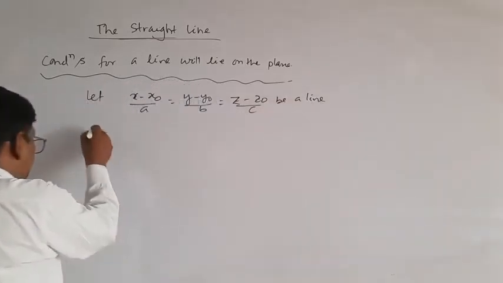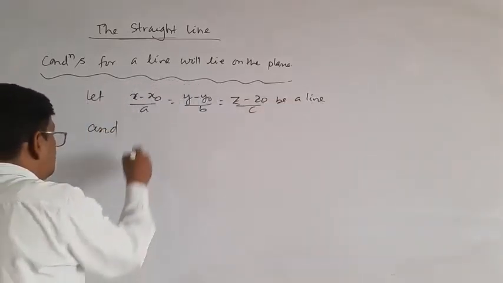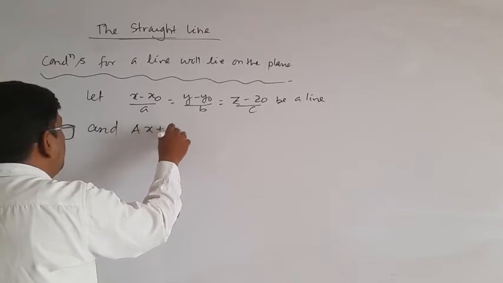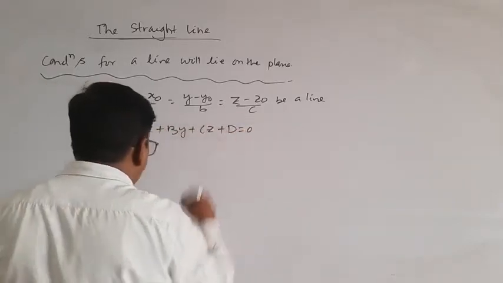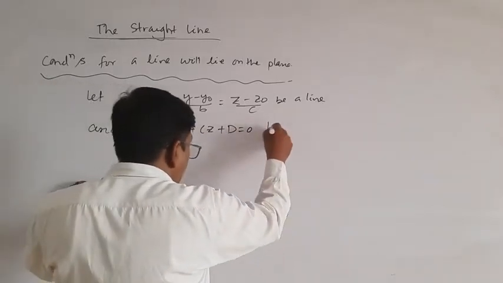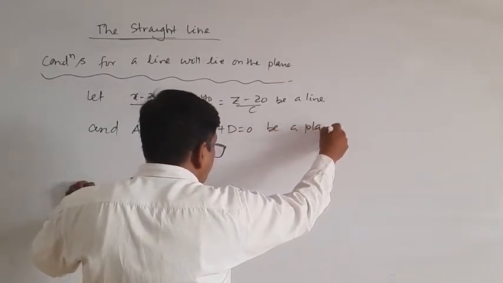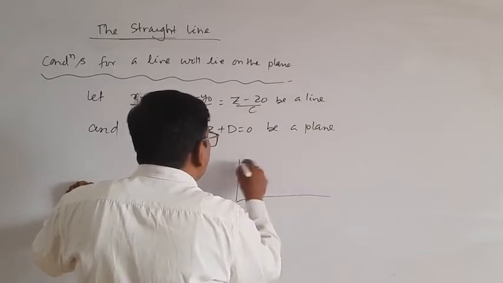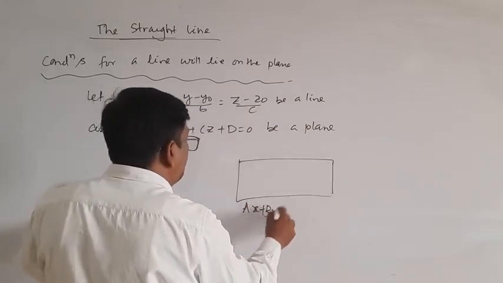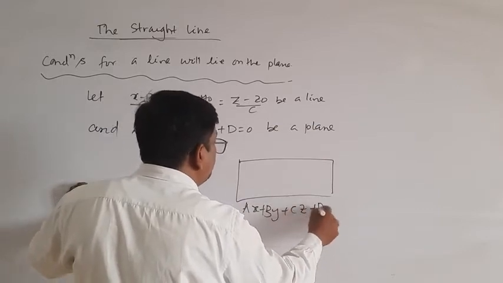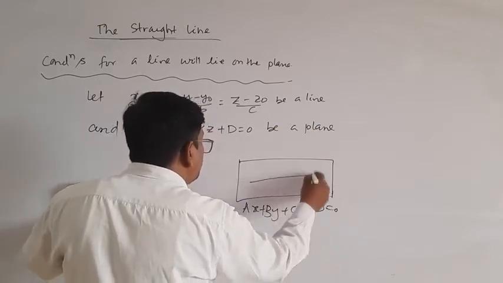and Ax plus By plus Cz plus D is equal to 0 be a plane. This is the plane, and this is the line.